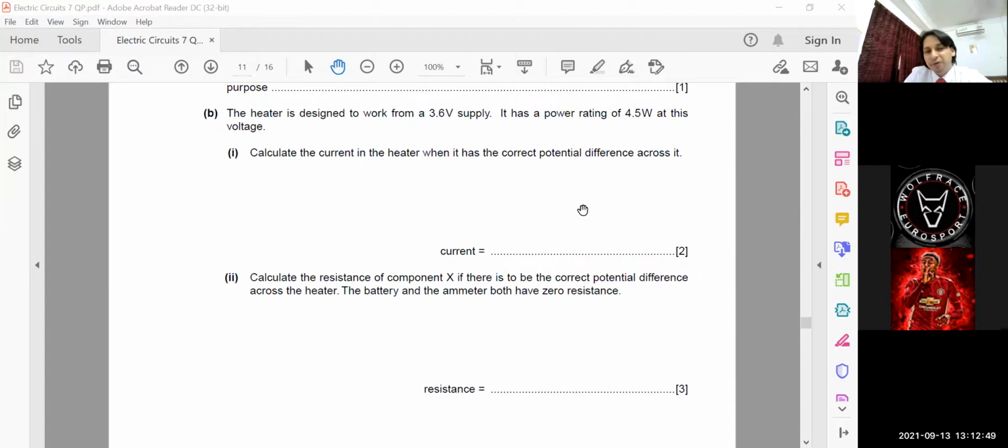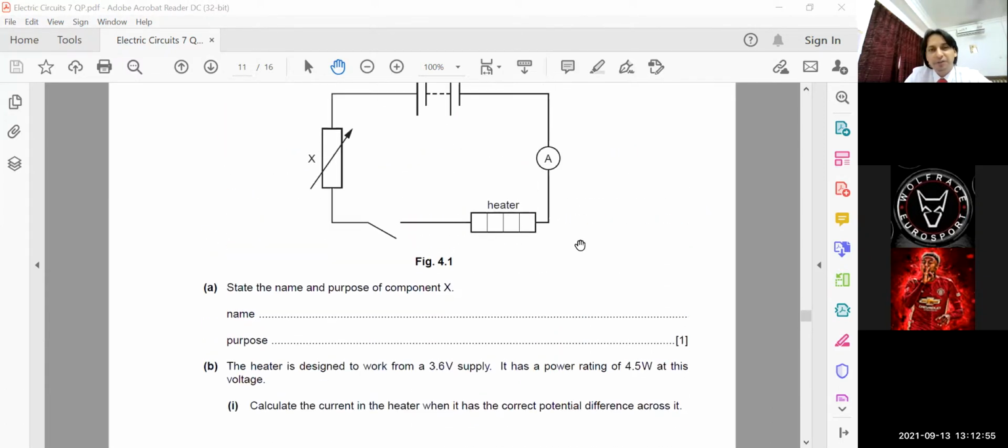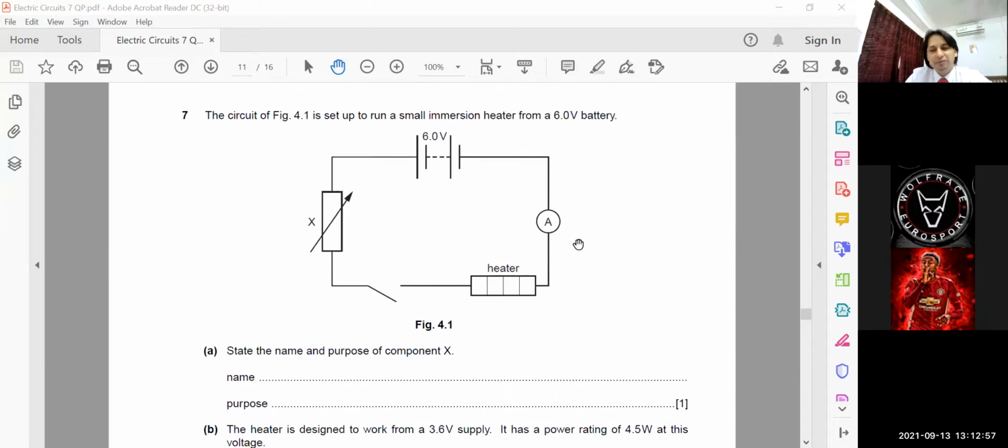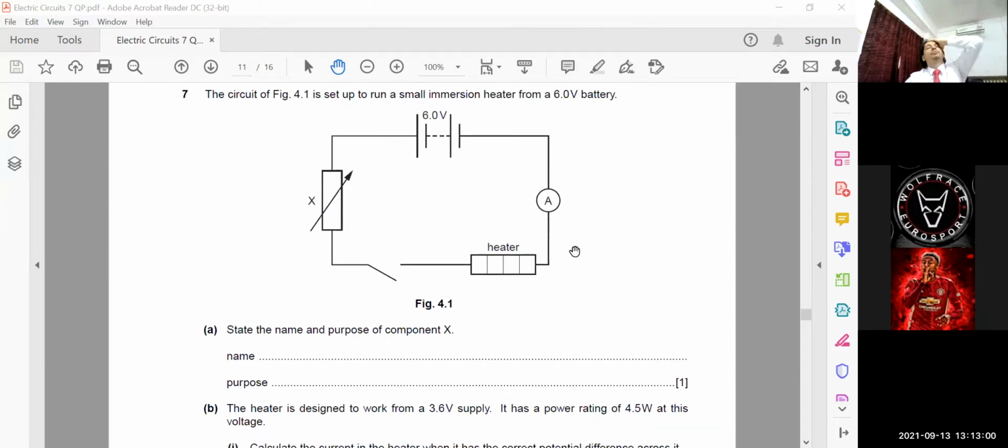The battery and the emitter both have zero resistance. Okay, you need to calculate the resistance of component X. How would you calculate the resistance of component X?